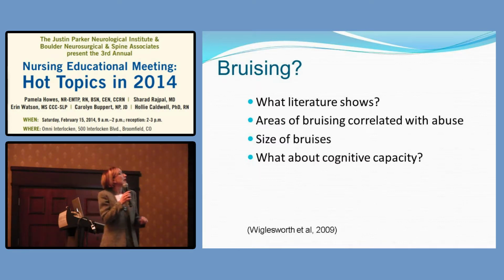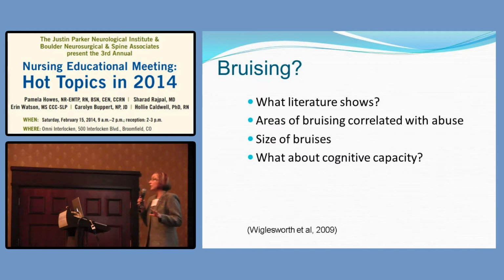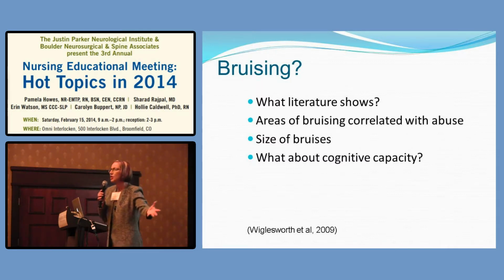Thank you. All right, so let's talk a little bit about bruising. Any of you who may work in long-term care, or if you see older adults coming into your ambulatory settings, we get really concerned when we see bruising. That's one of those indicators that we need to look at and consider as it relates to physical abuse.